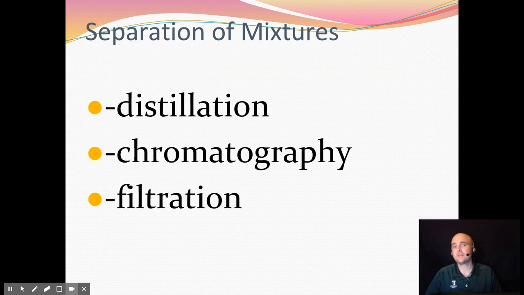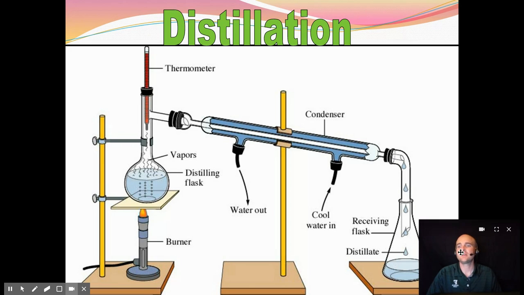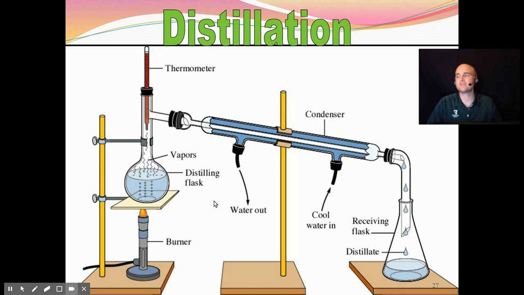I've also made a video on this, so I'll move on briefly, with distillation, chromatography, and filtration. This was a distillation apparatus where you can separate two homogeneous liquids. It looks cool, but it's pretty hard to pull off in the lab, and there's a lot of errors involved.